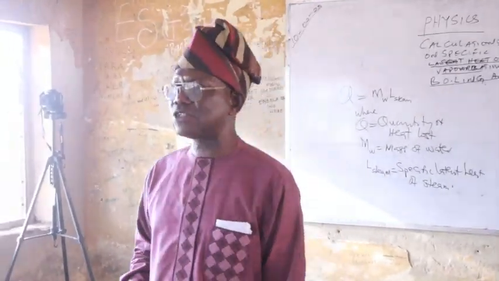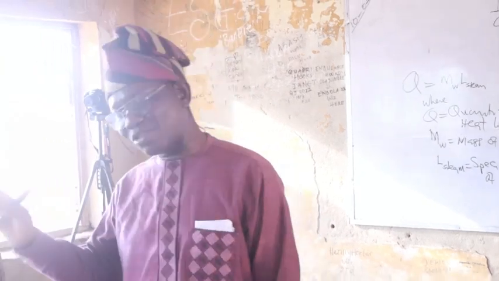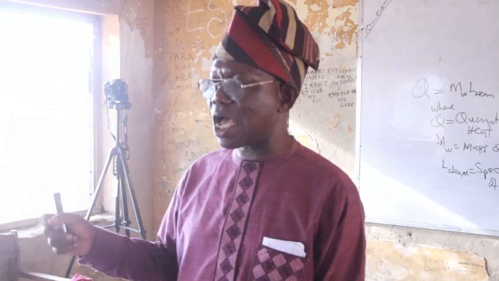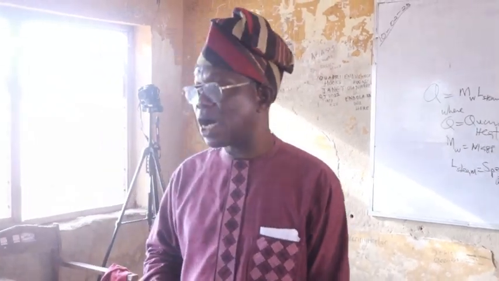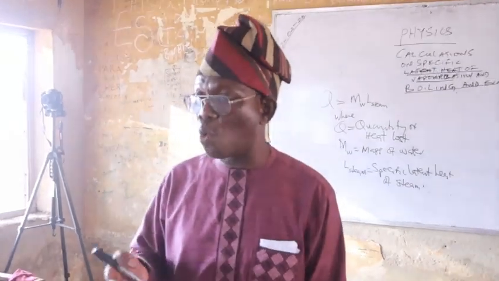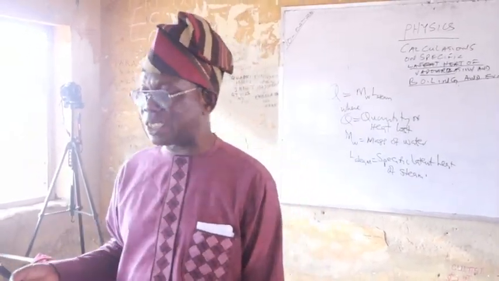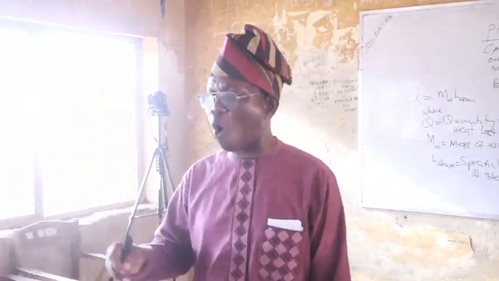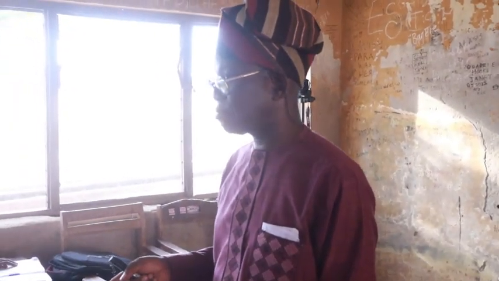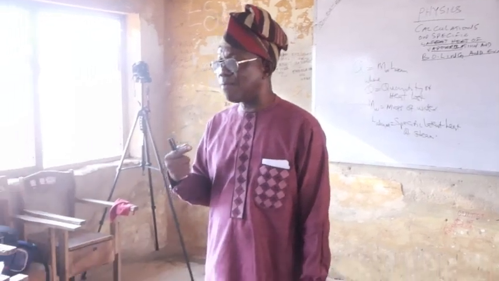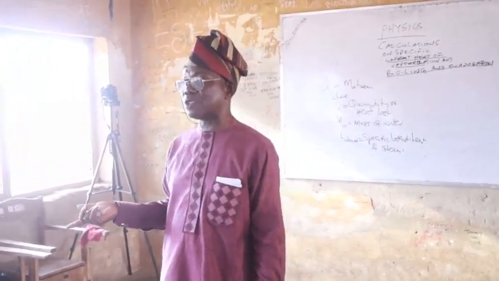And last class, we looked at that of steam, vaporization. I said remove solid and put liquid now. How do we define vaporization? The specific latent heat of vaporization is defined as the quantity of heat required by a unit mass of liquid substance to change from liquid to vapor at boiling point without changing temperature.